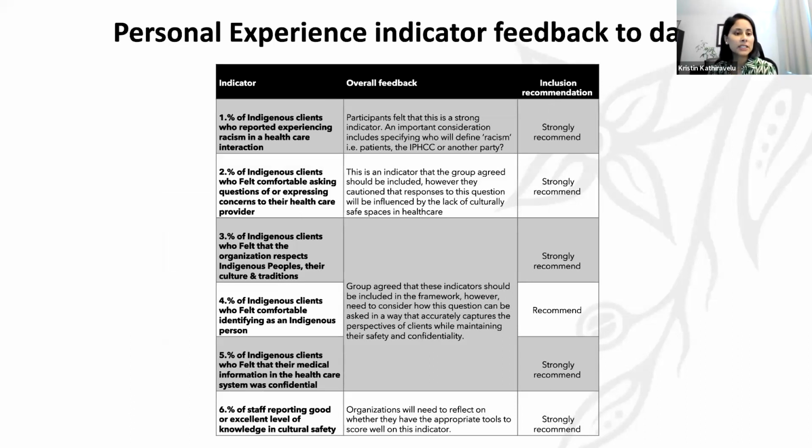So the percentage of Indigenous clients who reported experiencing racism in a healthcare interaction, the percentage of Indigenous clients who felt comfortable asking questions or expressing concerns, the percentage who felt respected and that their culture and traditions were respected, those who felt comfortable identifying as an Indigenous person, the percentage of Indigenous clients who felt that their medical information was confidential, and the percentage of staff who reported a good or excellent level of knowledge and cultural safety.